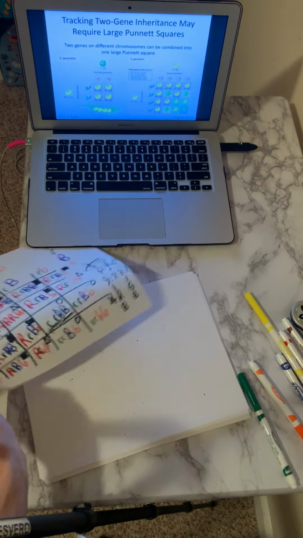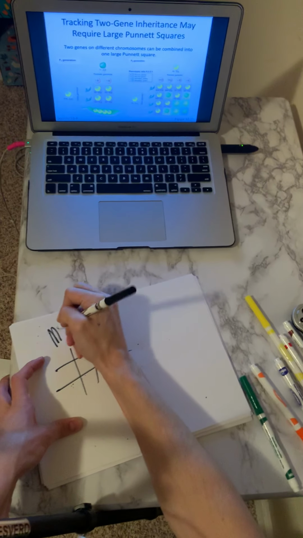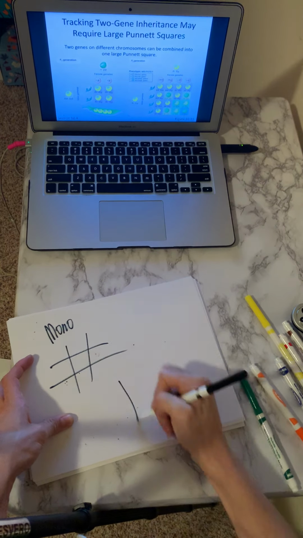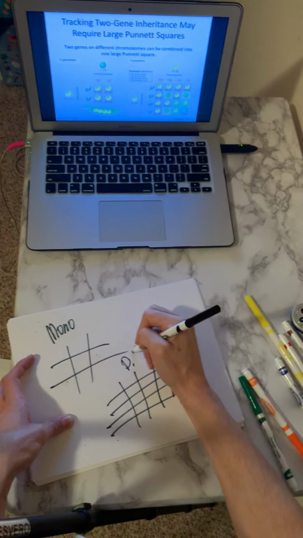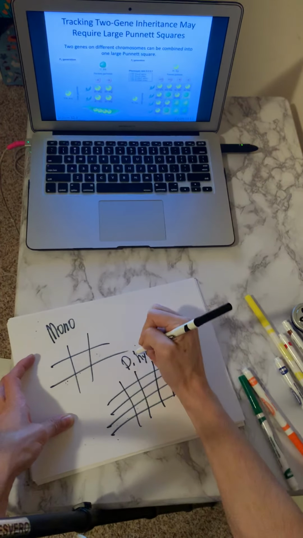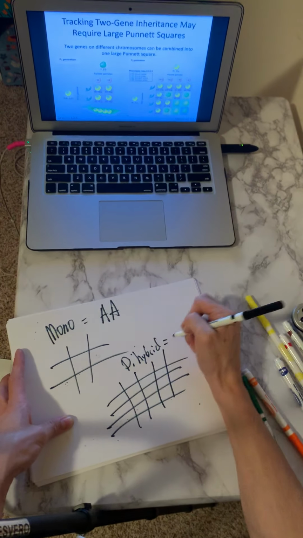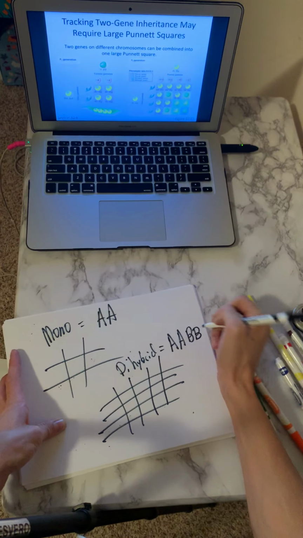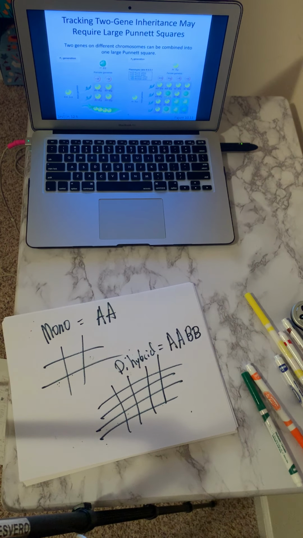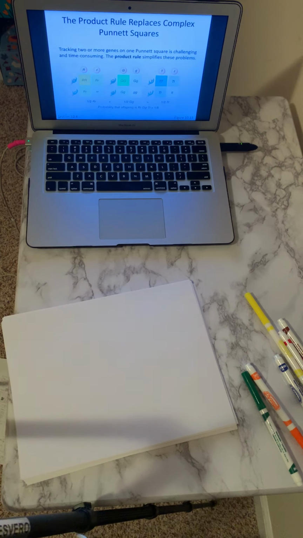So this type of cross, the little simple one, is called a monohybrid, and the big giant fancy one is called a dihybrid. Monohybrid, 1 gene, equals the big A thing like that. Dihybrid is 2 genes. So that's essentially what that means, and that's what we're going for with that. So let's move on a little bit more. Let's go through all this stuff real fast.